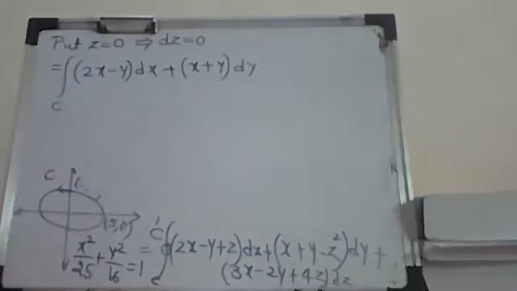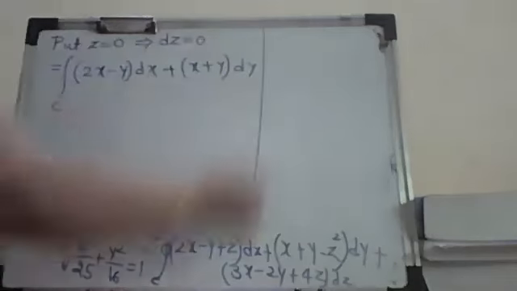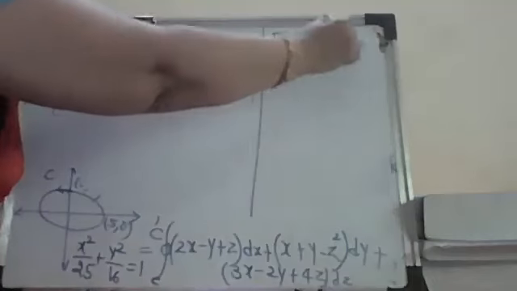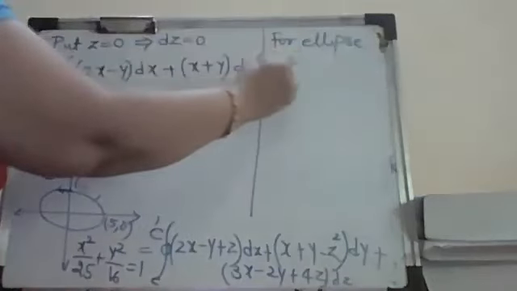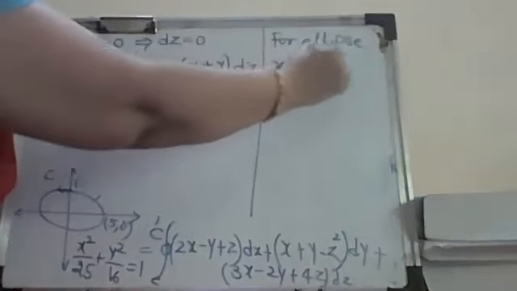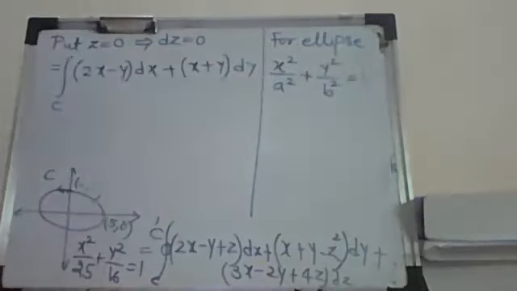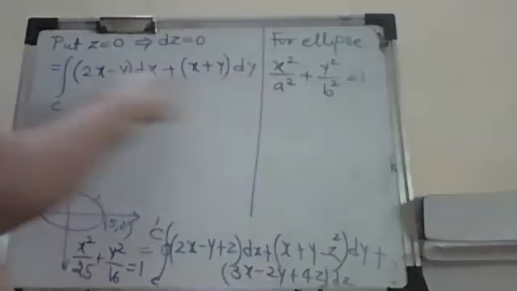So what is the substitution in case of an ellipse? For an ellipse of the type x square by a square plus y square by b square equal to 1, and we have this as a single integration.